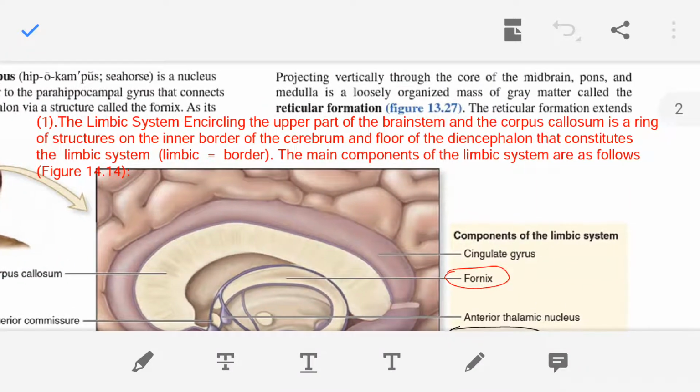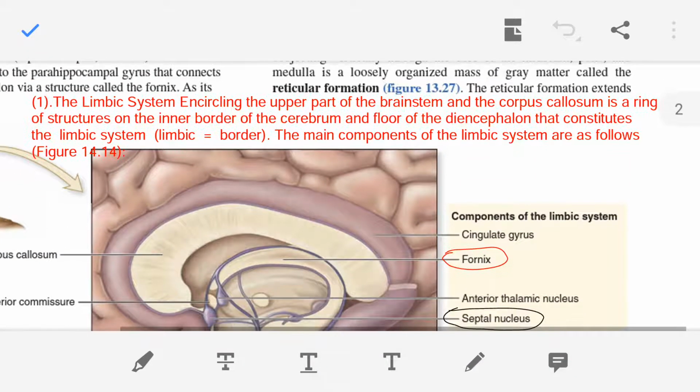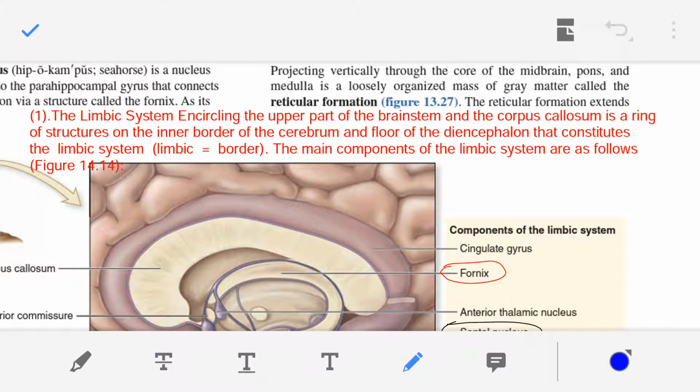Now the position of the limbic system, where exactly it is located in our brain. The limbic system encircles the upper part of the brainstem. It covers the upper part of the brainstem and also the surface of the corpus callosum, and it is a ring of structures on the inner border of the cerebrum and floor of the diencephalon that constitute the limbic system.